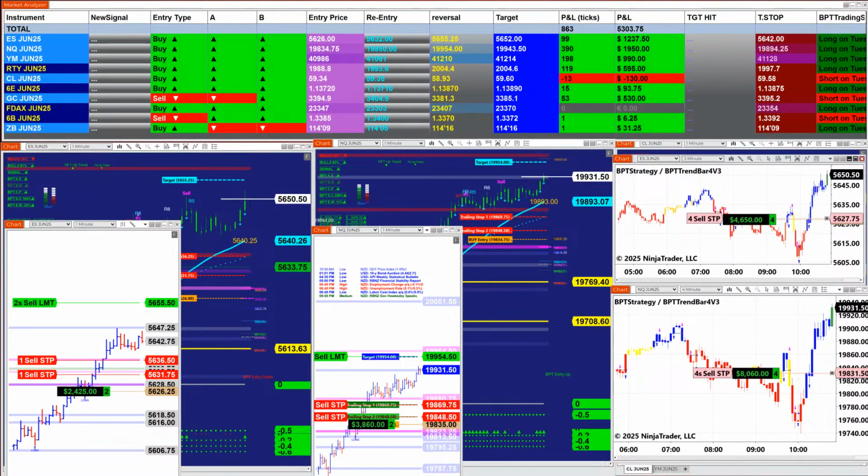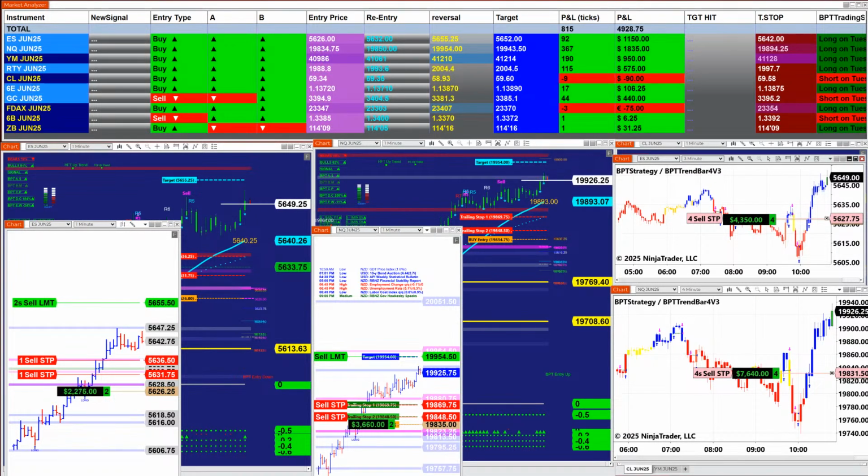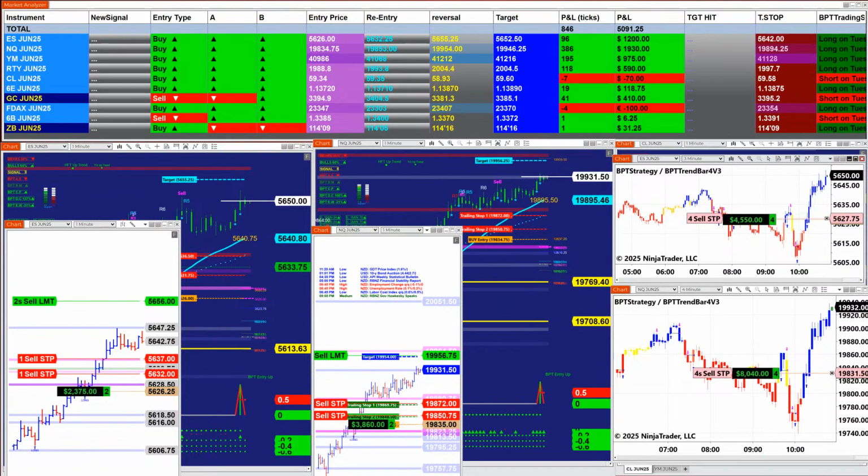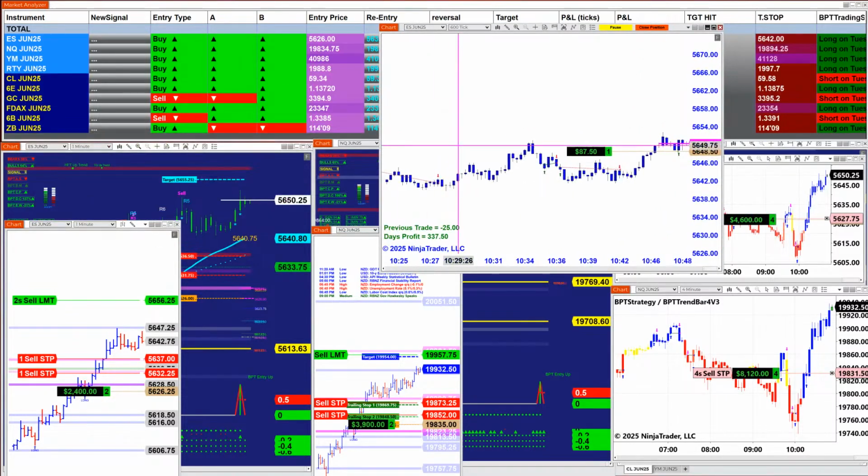So we are okay. And the scalper took another trade as well. This is the new scalper based on one contract.